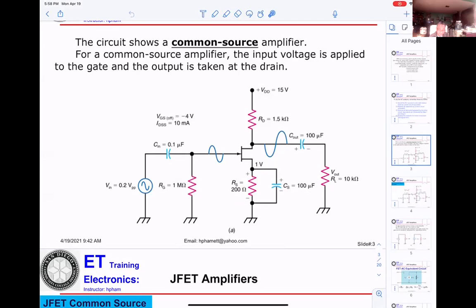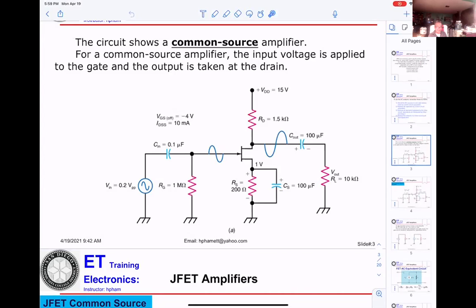Now, when you're looking at the circuitry, you're able to recognize whether it is a common source amplifier, common drain amplifier, or common gate amplifier. That's the first thing you must recognize. We're not telling you how to calculate anything inside, but that's the first thing.